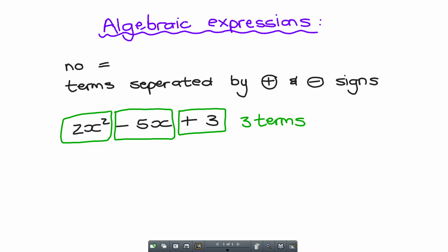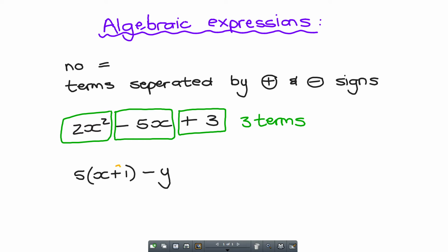Now the next one. You can write example. The next one I'm saying 5 times the bracket, minus something. So over here, how many terms? 2, well done. Why?